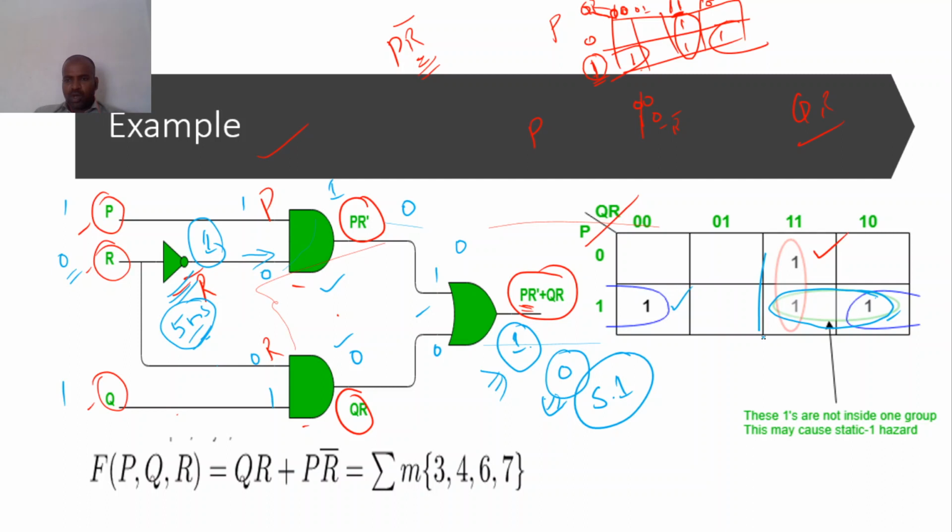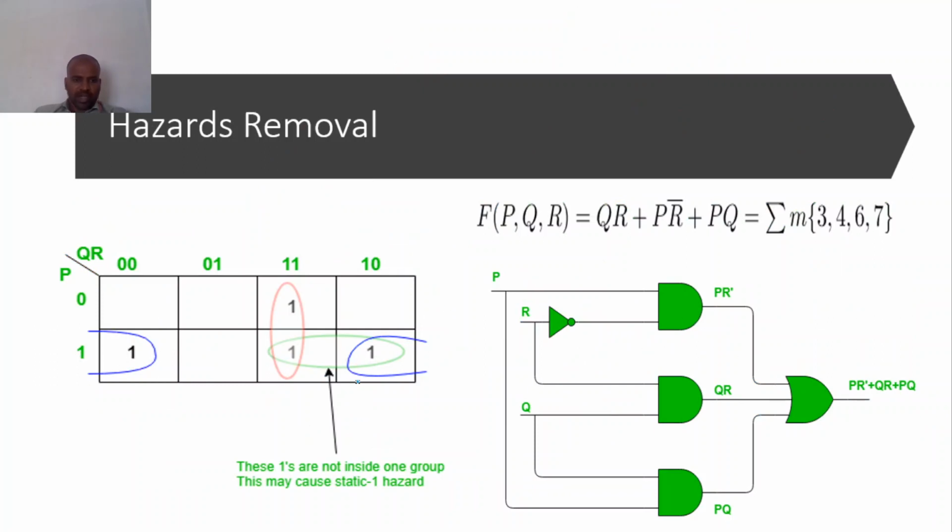If I make these two one pair, what will happen? One extra component will be increased, that is P and Q. It will come. Okay, so have a look at the next one. So when I am using this pair, PQ is coming extra. So see, I have drawn PQ extra.